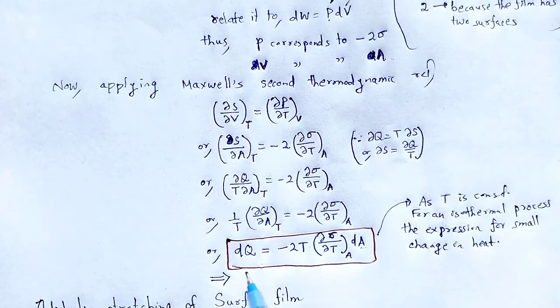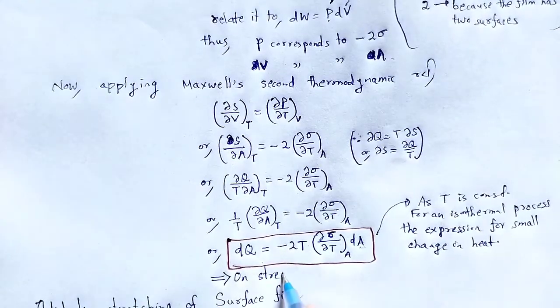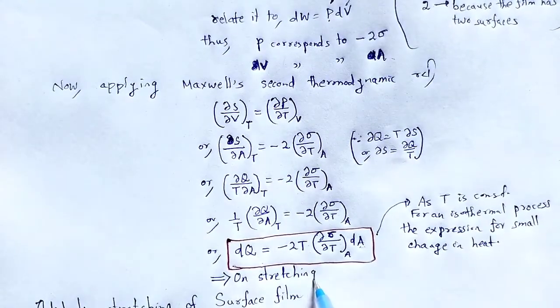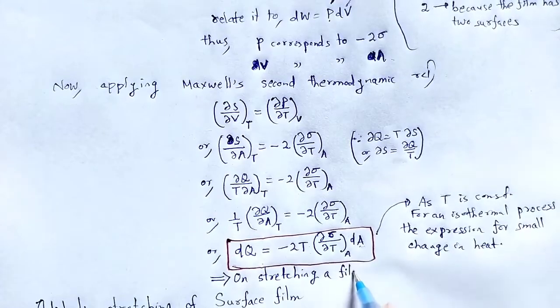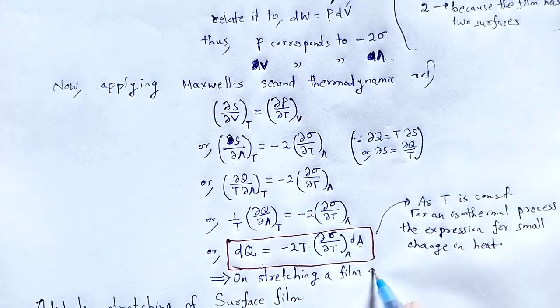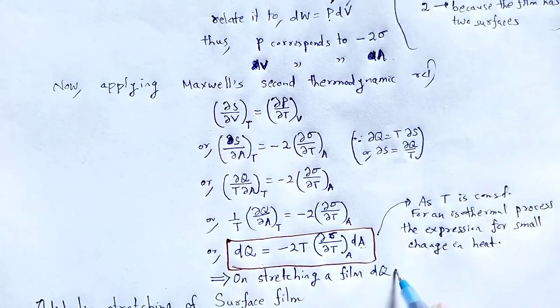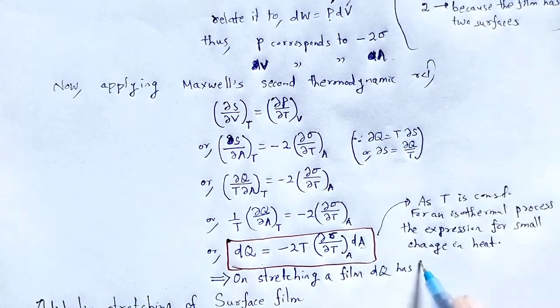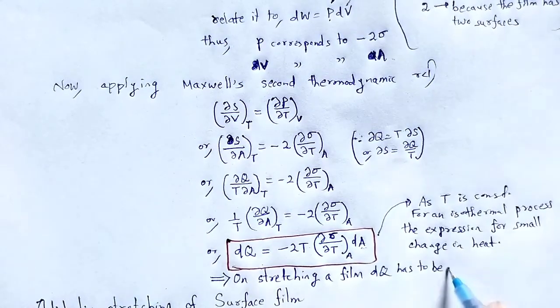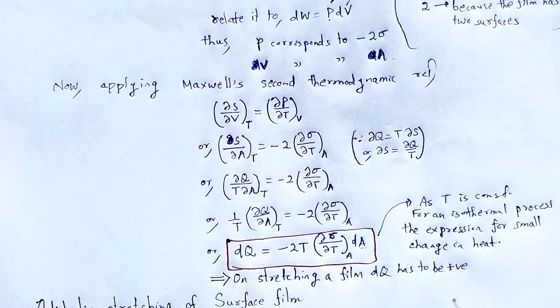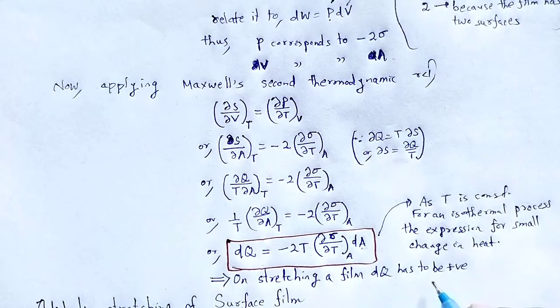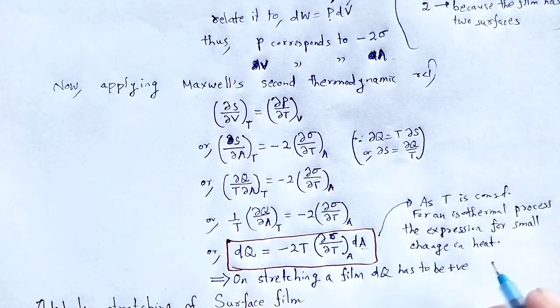On stretching a film, dq has to be positive, or work has to be done.